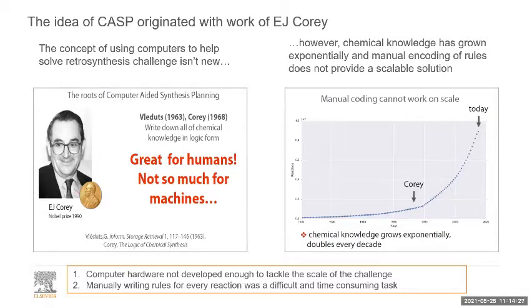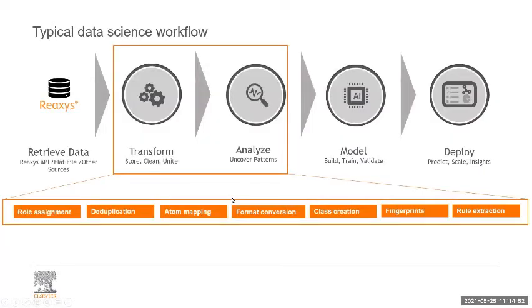And that sort of worked 60 years ago when Corey was doing it, but this approach is hampered by the exponential rise of chemical knowledge that happened over the last 2 decades. So manually writing down the rules of chemistry is a very laborious and time-consuming job, and it's really hard to keep up with the current knowledge.